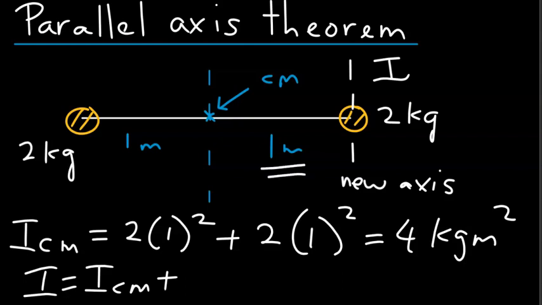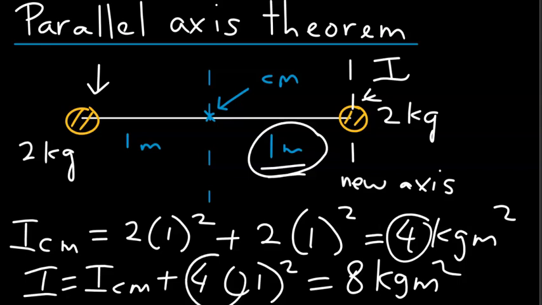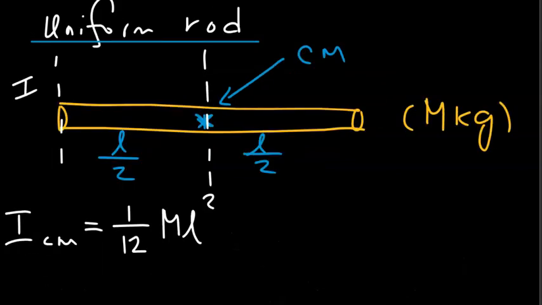The mass of the system is 2 plus 2, so that's 4. The square of the distance between the two axes is 1 squared, which then gives you 8 kg meters squared, 4 plus 4.